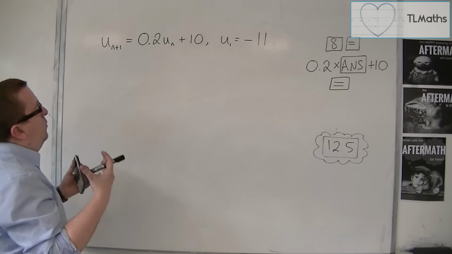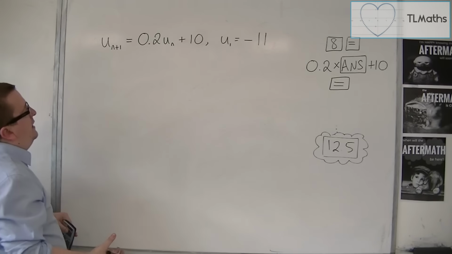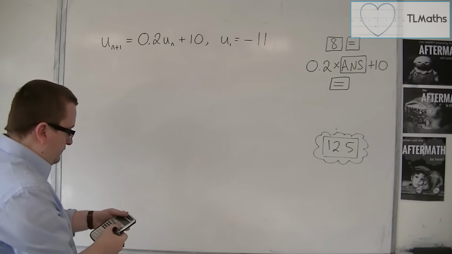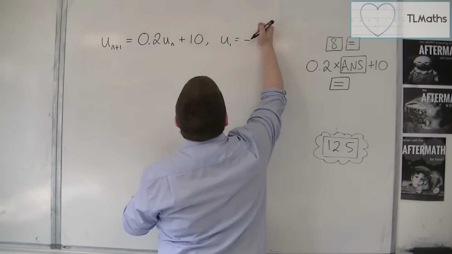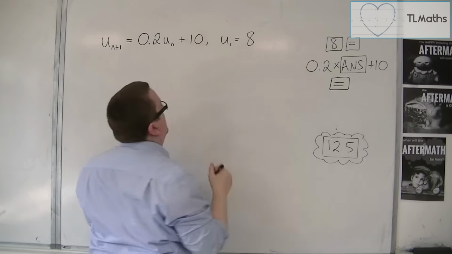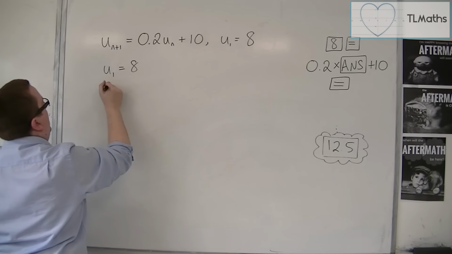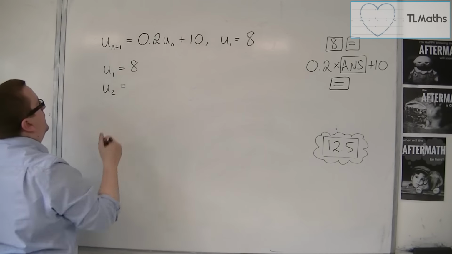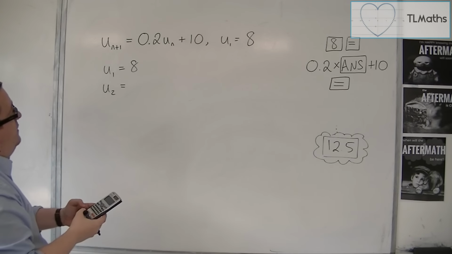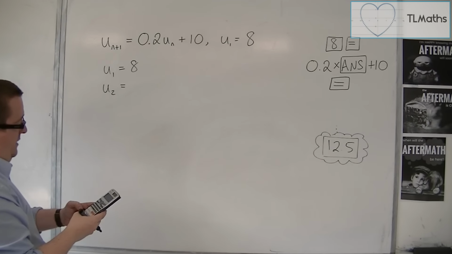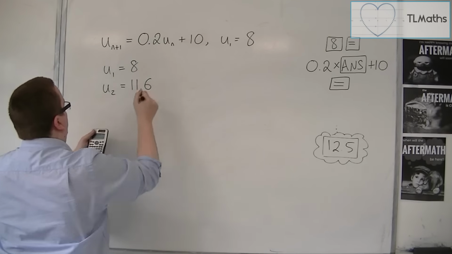Well, what's happening in the background is this. Let's say we start not with minus 11, but go back to the number 8. So u_1 is 8, and then u_2 is 0.2 times 8 plus 10, and that gets me 58 over 5, so 11.6.